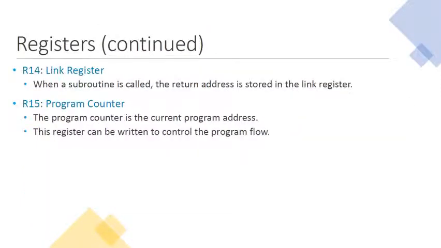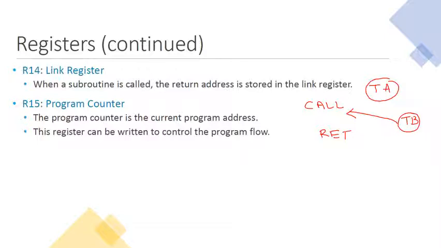Then R14 is the link register. Usually the link register is used for subroutine call and to return also. Normally we see the concept of subroutine, something like the very popular instructions called call and return. Whenever a processor is doing some task A, if an interrupt requires task B to be carried out, it will call the processor.